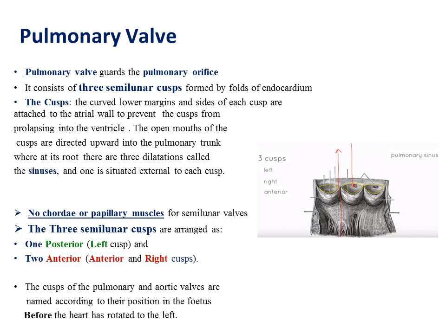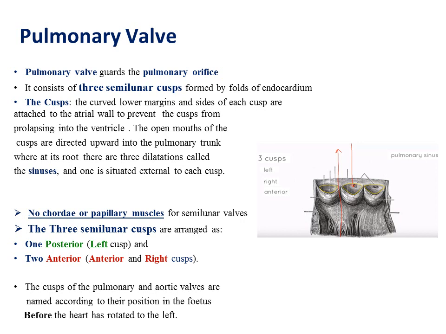The pulmonary valve has specific characteristics, let me call it. It guards the opening between the right ventricle and the pulmonary trunk. It consists of three semilunar cusps, exactly like this picture, formed of folds of endothelium with some connective tissue in between.